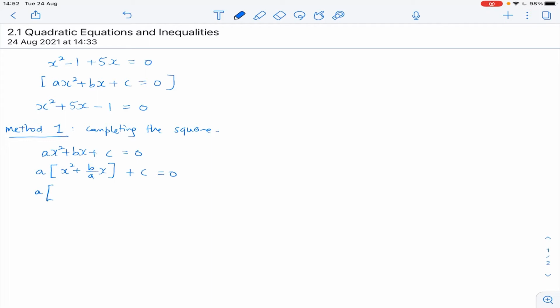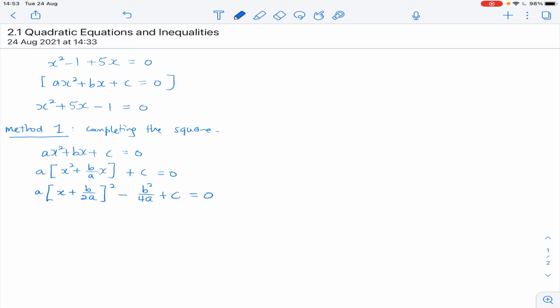So I try to make it like this: x plus b divided by 2a, squared, minus b squared over 4a squared, plus c over a, equals 0. So make it into this form. Then after that it's just a simple rearrangement to solve for x.